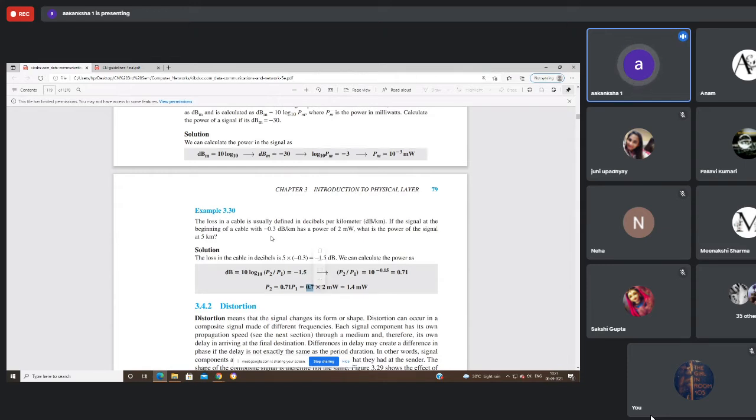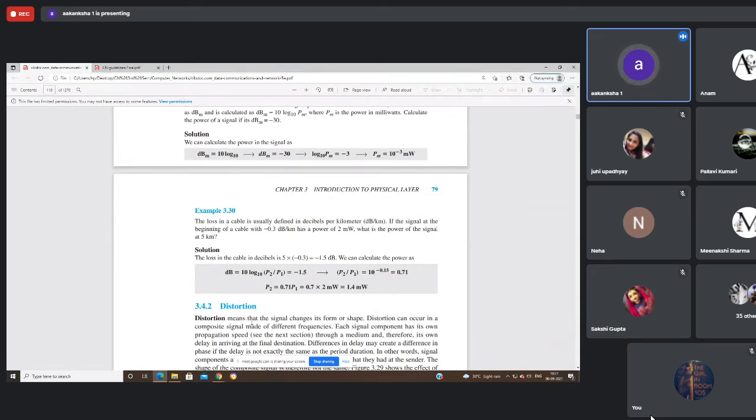Because it has been attenuated from the beginning of the cable, at 5 kilometers it will come down from 2 to 1.4 milliwatts because of the minus 0.3 decibels per kilometer. I hope the calculations and the concept are clear to all of you. So these are the different ways in which you can compute the loss or gain in the signal strength.